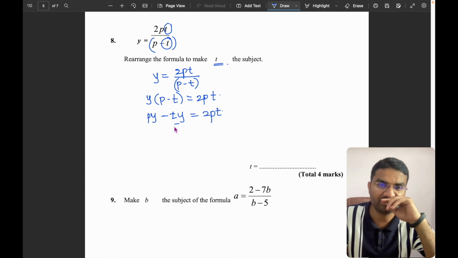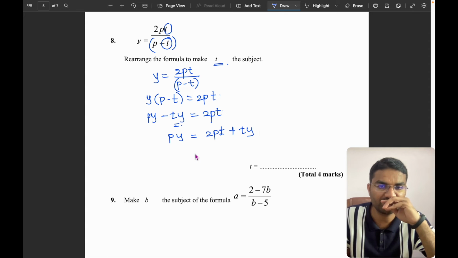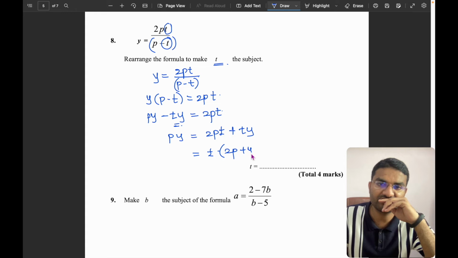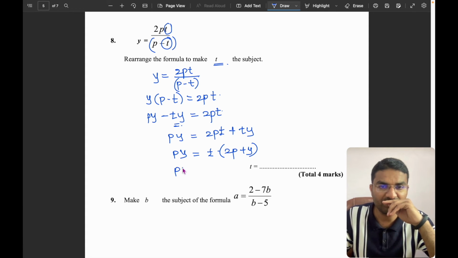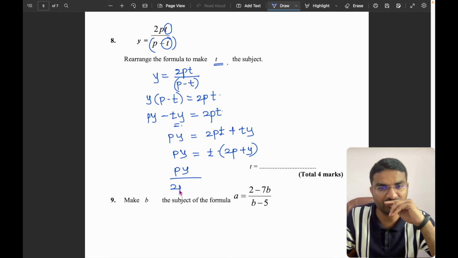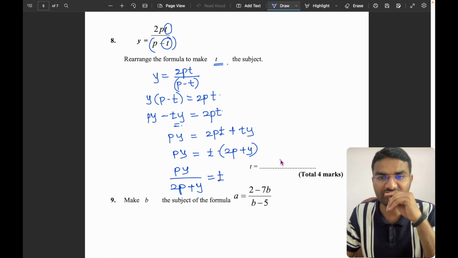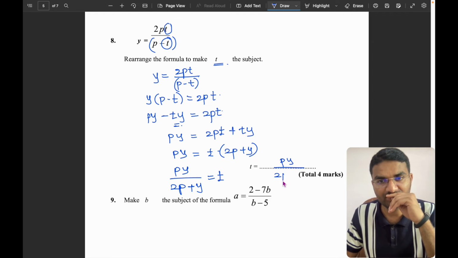Then transfer this t part to the right hand side. So py is equal to 2pt plus ty. Now take t common, so py is equal to t times 2p plus y, so py over 2p plus y is t. That's it. Okay, so t is equal to py over 2p plus y.